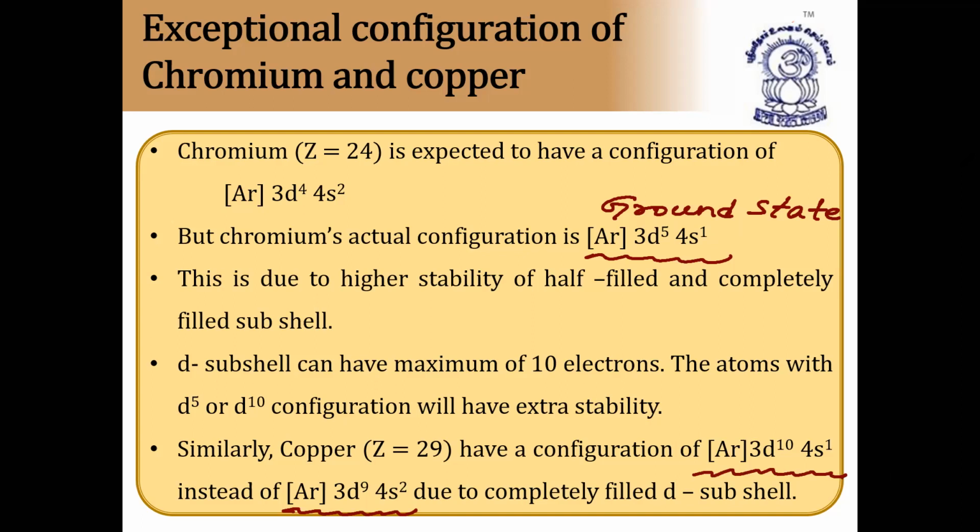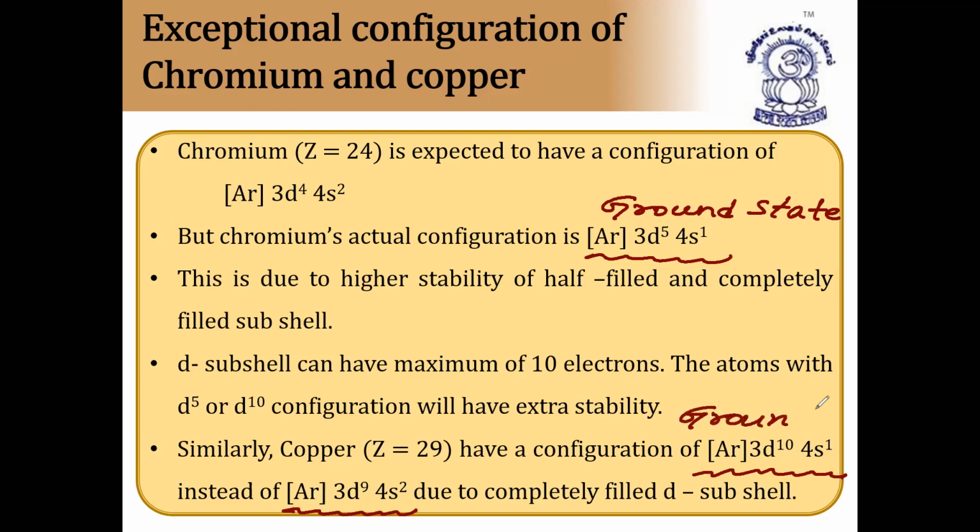That is, the s orbital is half filled because s can take a maximum of 2 electrons, and the d orbital is completely filled because d can take a maximum of 10 electrons. So the second case, argon 3d10 4s1, is the ground state configuration of copper. It is not an excited state.